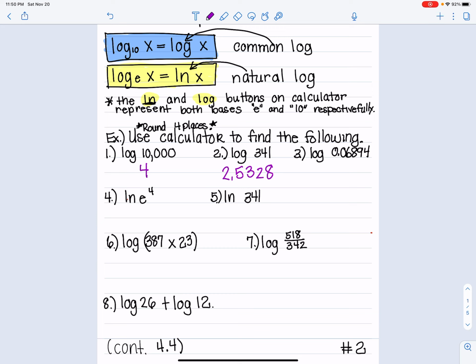So now let's type in the next log. Once again, mine opens up with a parentheses, so make sure you close yours out. When we do this, we get a negative 1.615. Okay, so far so good.